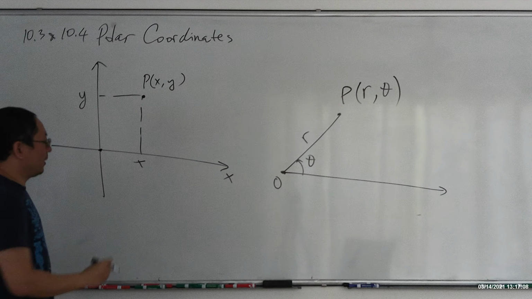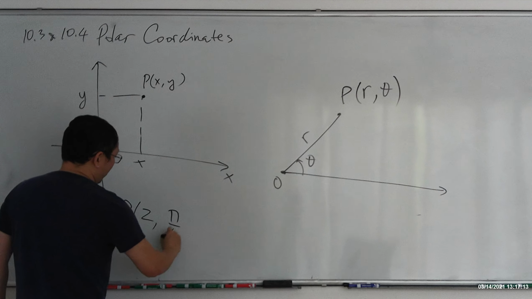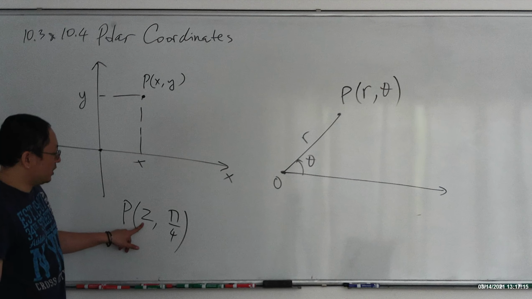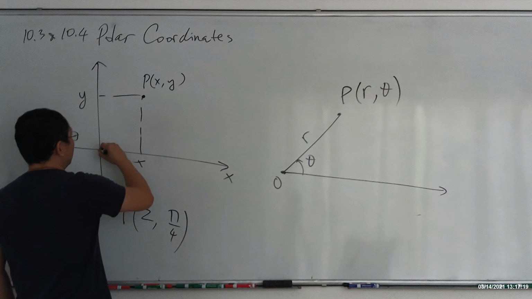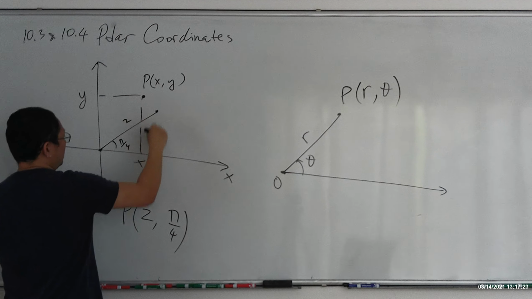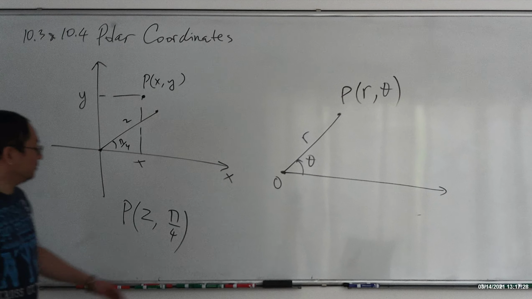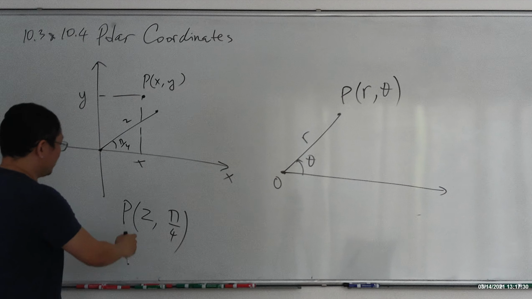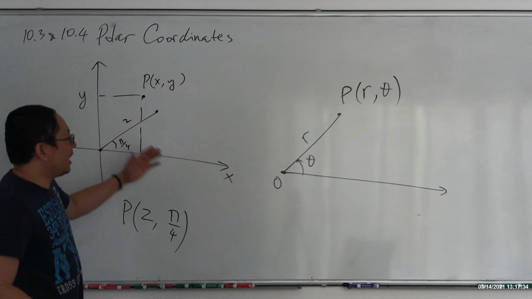If you have a point P of 2 comma pi over 4, 2 means the radius is 2, and pi over 4 is the angle of 45 degrees. So it's going to be, okay, this is pi over 4, and this is 2 right here, right? This is how you plot a point. Okay. And at first we start with positive radius and positive angle, and later on you can have negative angles.